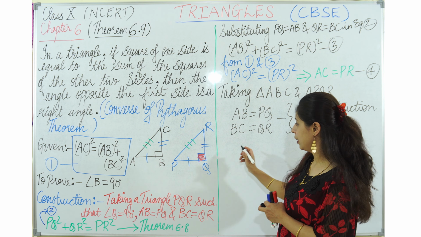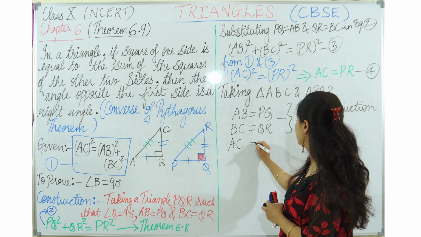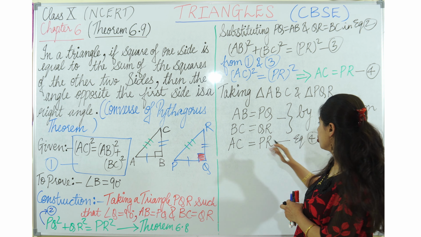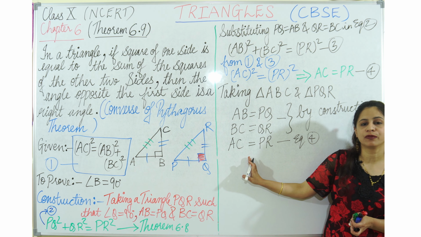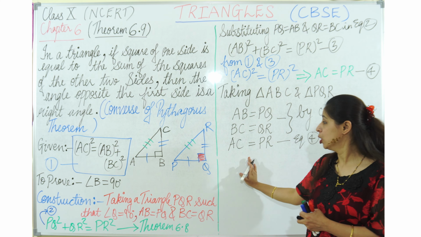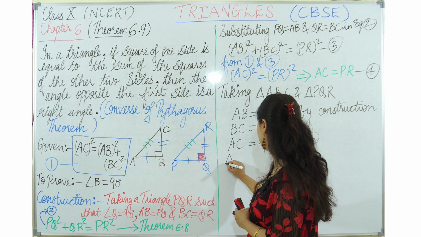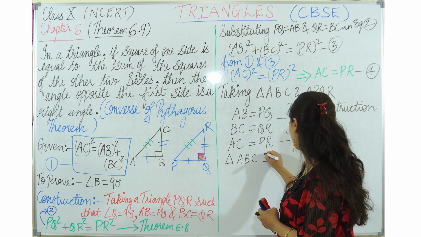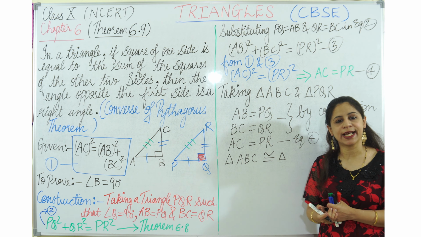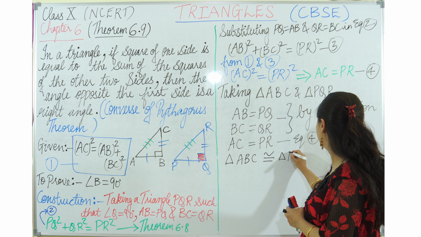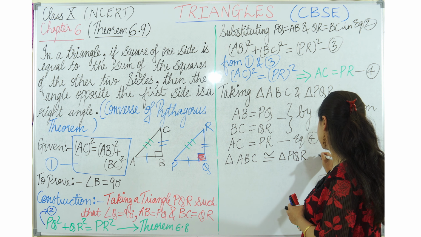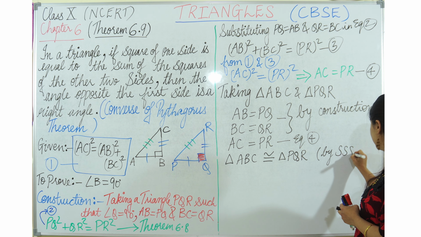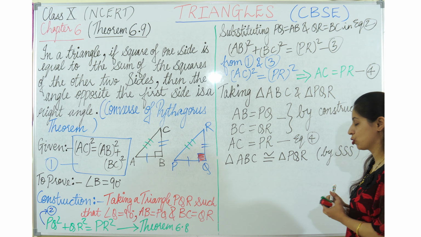So from here we have AC is equal to PR by equation 4. So we see that all the three sides of both the triangles are equal. So both the triangles are congruent by triple S, that is, side-side-side.